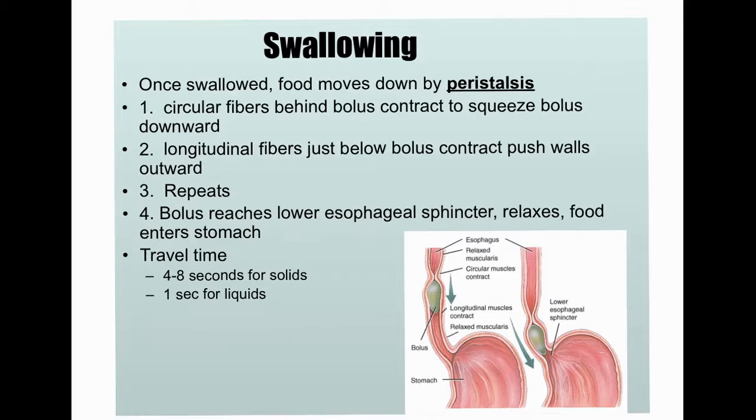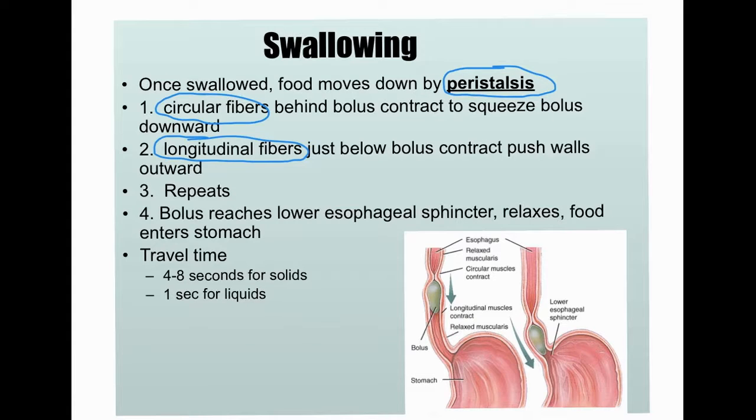And more deglutition or swallowing. So remember, here's peristalsis again. That's the wave-like motion of the muscles contracting and relaxing to force the food, the bolus, down the esophagus. Now, the esophagus contains both circular and what's called longitudinal muscle fibers. Those work together to push it down the esophagus.